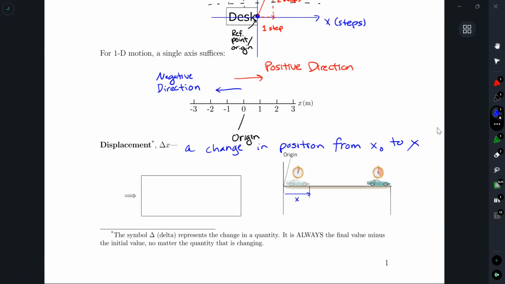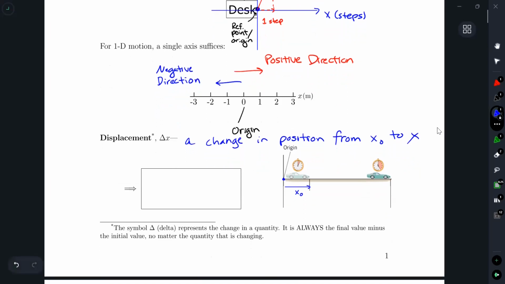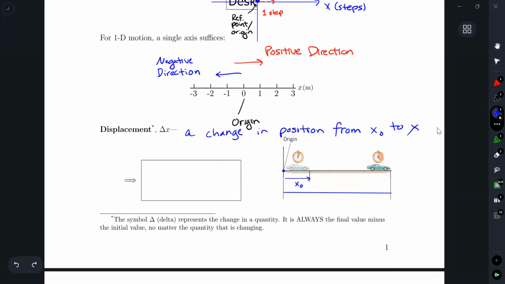I start out at position x0 relative to some reference point. Maybe it was my house, and I'm x0 away from it when I'm at the foot of the driveway. To get to work, at this point, assuming that I'm just driving down a straight road to get there, wouldn't that be nice? That puts me at position x.